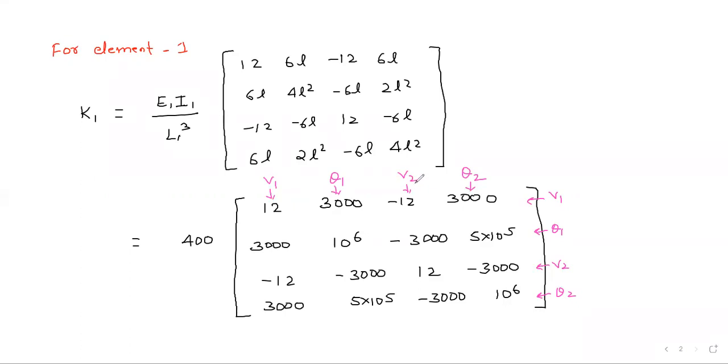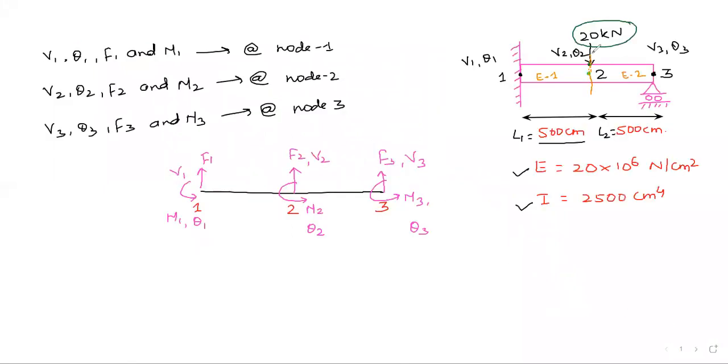Now we will calculate the stiffness matrix for element number 2 also. What do you think? Will it be different or will it be the same? Because everything is the same for element 2 also. If you see here in the problem, for element 2, the length is again 500 centimeter, E value 20 into 10 to the power 3, I value 2500.